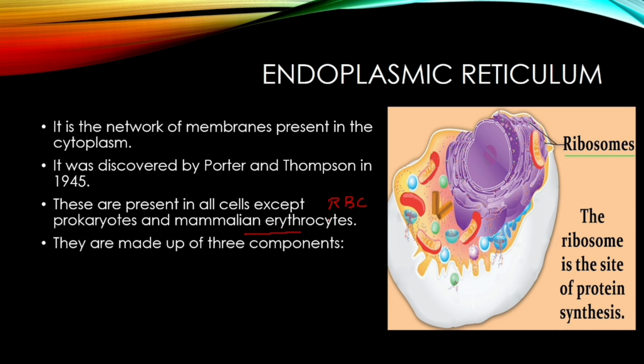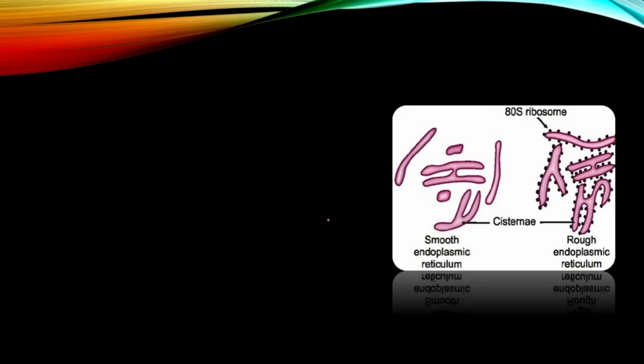Okay, they are made up of three components. Endoplasmic reticulum is made up of three components, which are the cisternae, the vesicles, and the tubules. Okay, you can see here there are two types, smooth and rough. As I said, cisternae and vesicles and tubules.